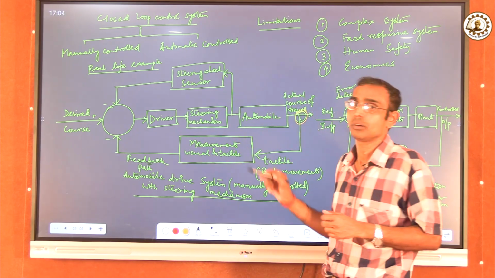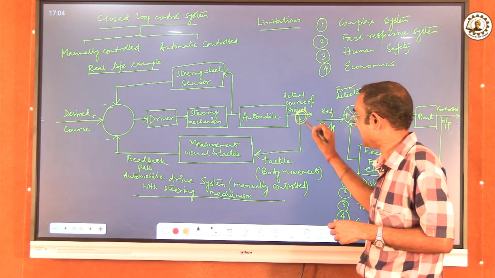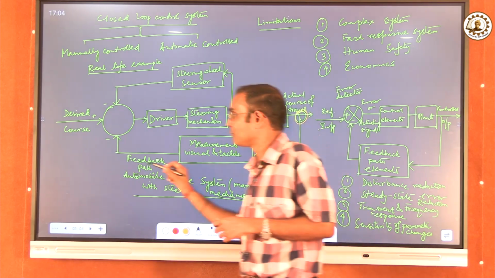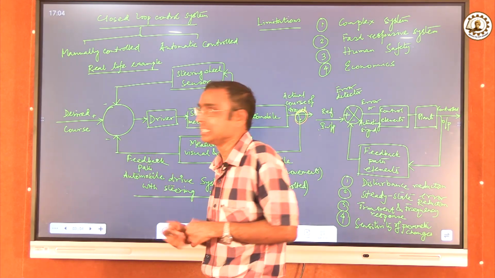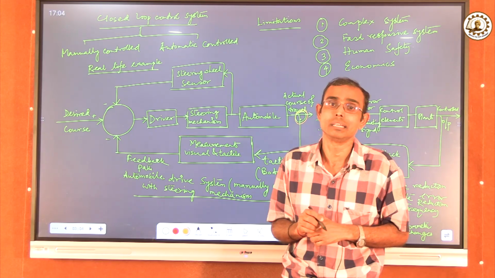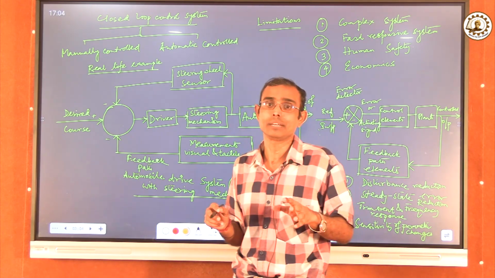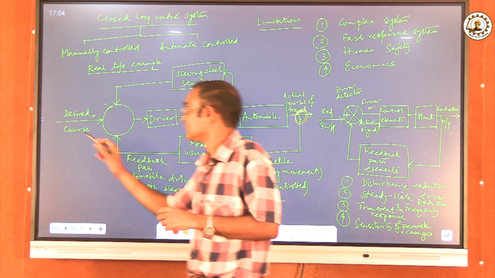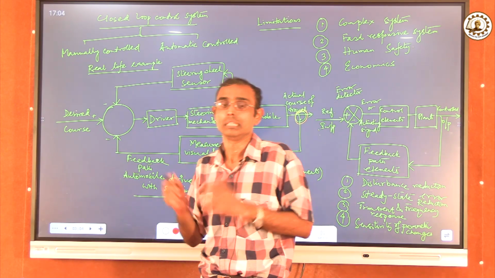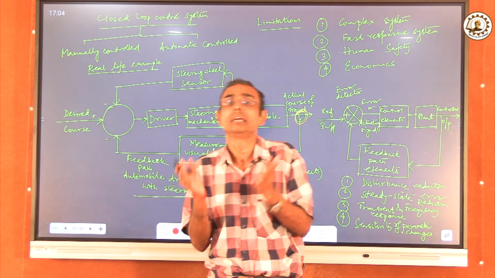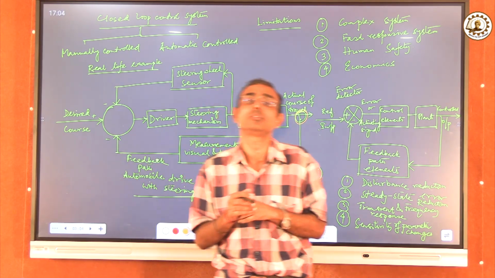So this measurement block, the visual and tactile block, takes the output sample, and that will be provided to a particular device. This device is nothing but a comparator here. Why is a comparator selected for this purpose? It is because the desired course of travel and the actual course of travel, these two data need to be compared, and that comparison can be done with a device called a comparator.